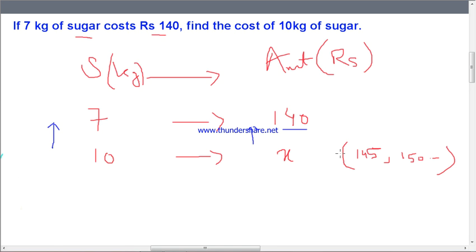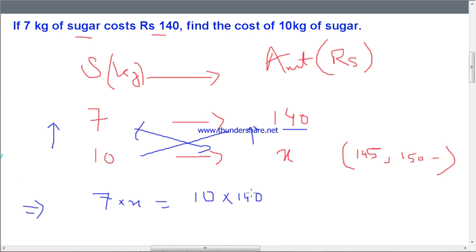Now the moment you see that it is a direct variation, there is a very simple method I will tell you. When you identify it is direct variation, you simply need to cross multiply. 7 into x, and then 10 into 140.